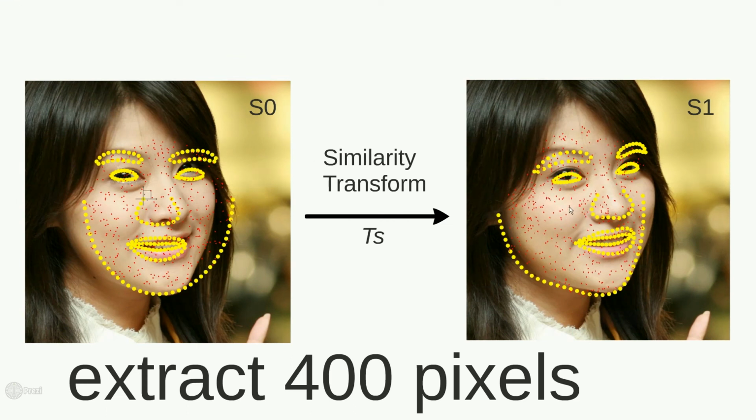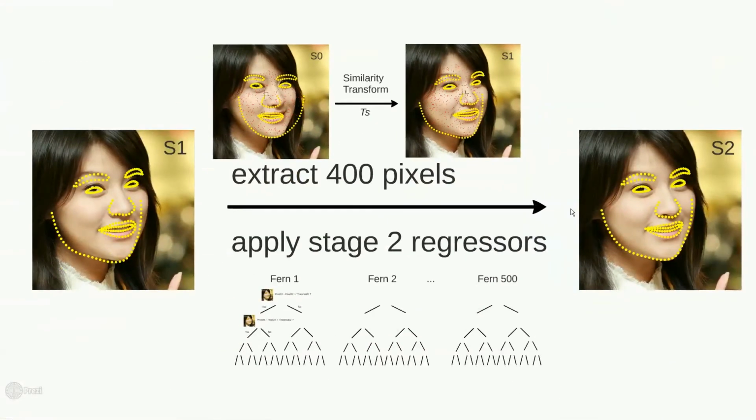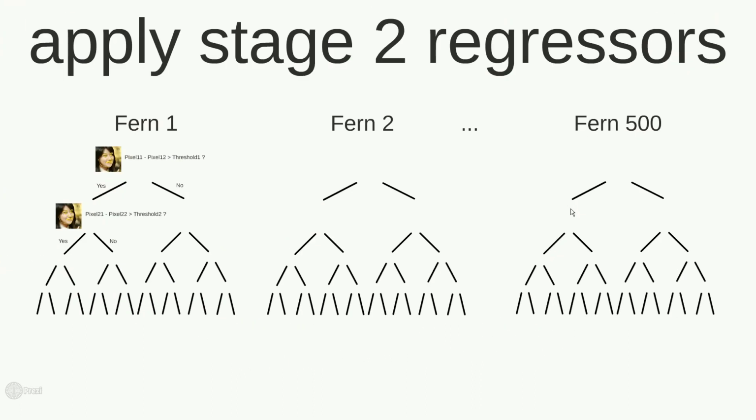So based on these locations, we can extract their intensity value, and these are the samples from the image that we're going to use to apply the regressors. Actually, these are the only information from the image that is going to be used as we apply the stage 2 regressors. Now, what is the regressor?